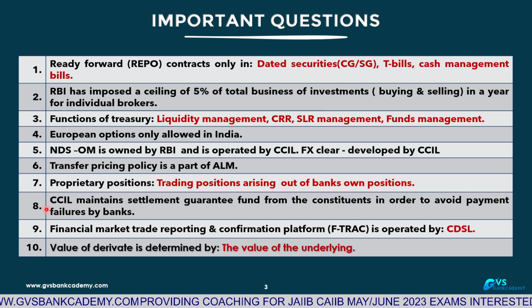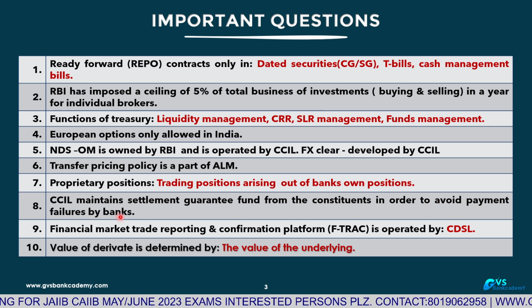8. CCIL maintains a settlement guarantee fund. How does it maintain the settlement guarantee? It collects some amount of money, a percentage of margin, from all the constituent parties in order to avoid settlement failures by banks.